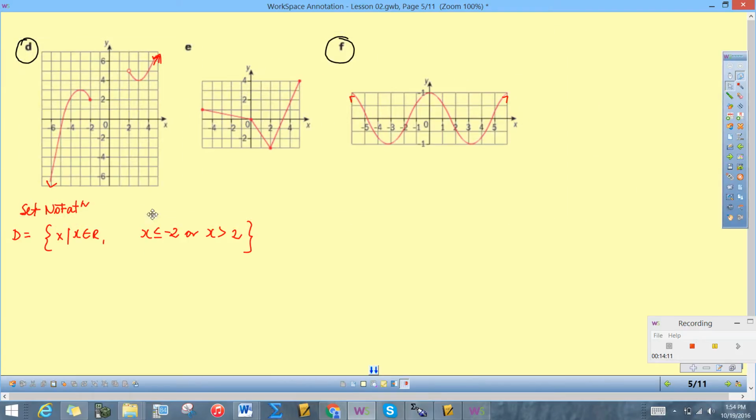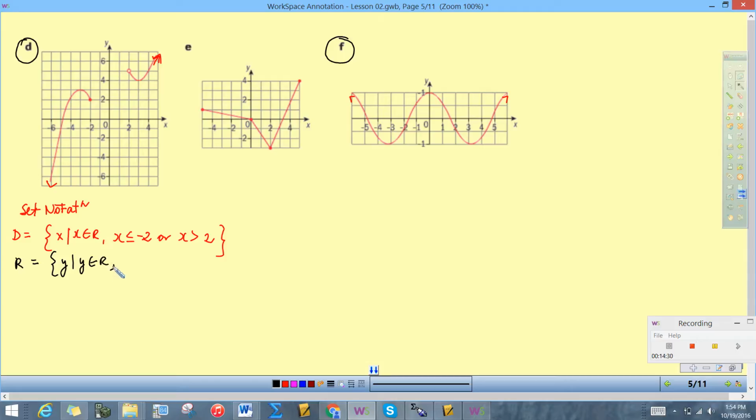Oops. I'm just going to try to grab this part to put a little closer in. Okay, so that would be the first one. And if I had to do the range in set notation, it's all the values of y such that y is an element of R, where our values of the y seem to be at 3.